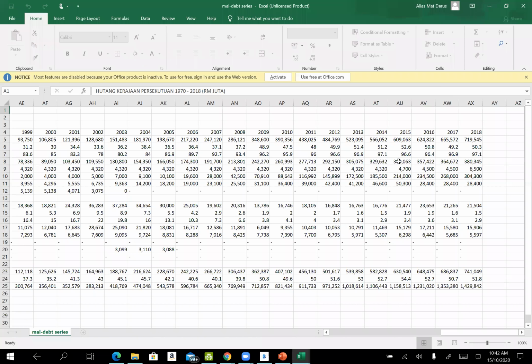So that is the position of our government. We have already discussed briefly an overview of the government finance in terms of the expenditure, the revenue, and how it compared to the GDP.